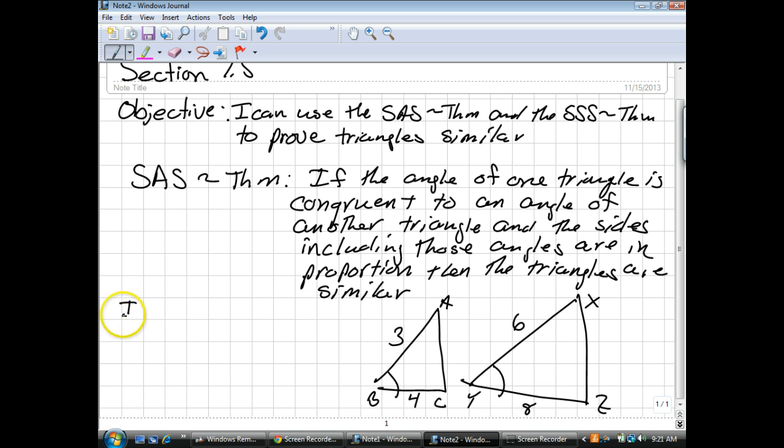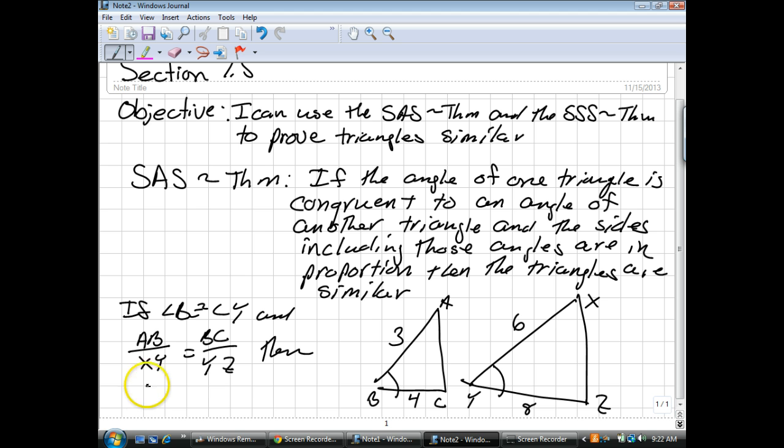So it says if angle B is congruent to angle Y, and AB is to XY as BC is to YZ, then triangle ABC is similar to triangle XYZ.